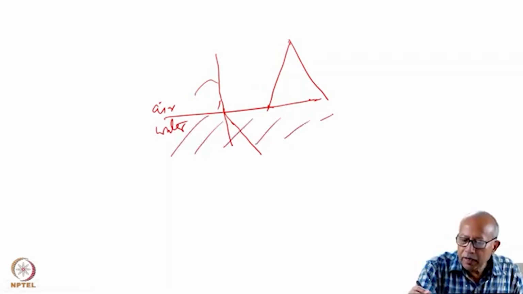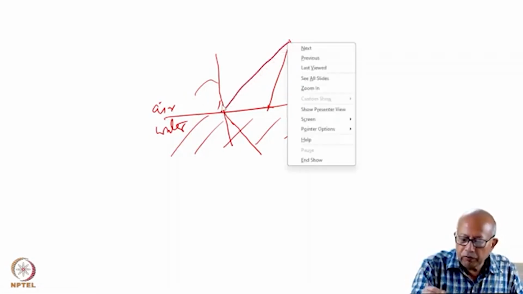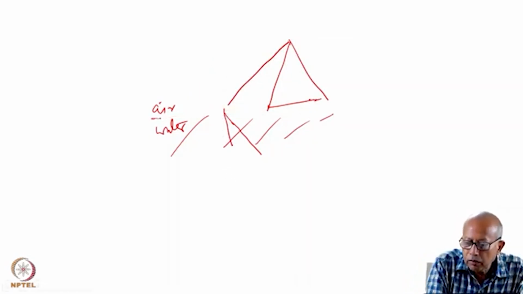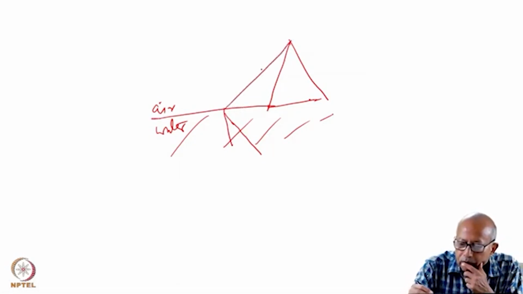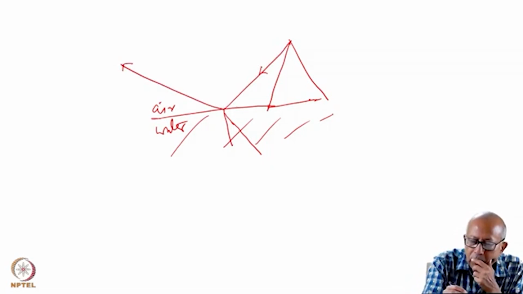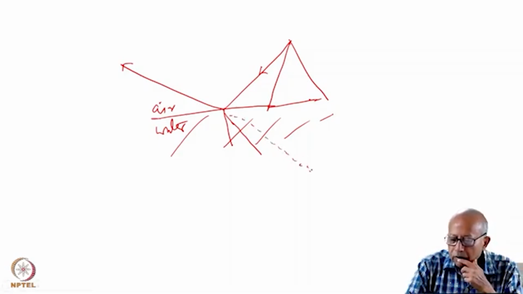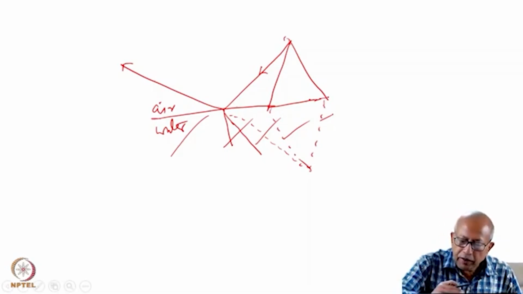So the light ray from the sunlit pyramid will be reflected from the water surface and reach our eye, and we will see the image under the water. This will be the image that is formed as a result of reflection on the air-water interface.